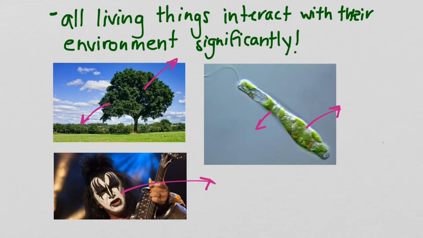There we have all of those pink arrows showing the waste, all of the things that are being released. But they also need to be able to bring things in in order to survive and reproduce. So let's draw some green arrows coming into these living things.